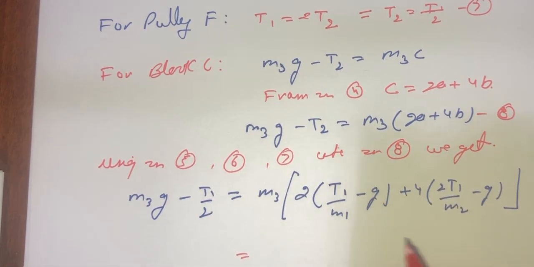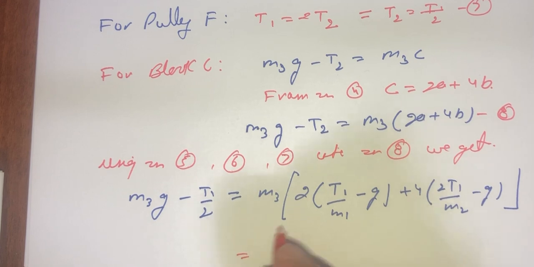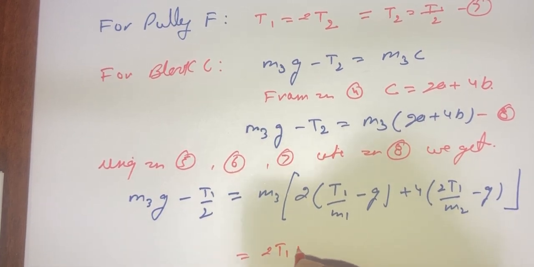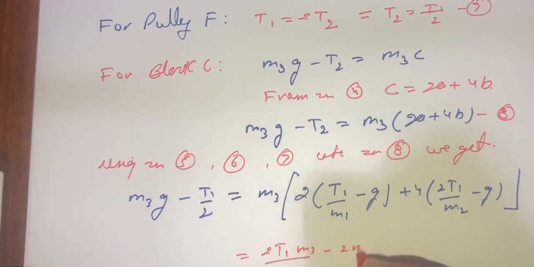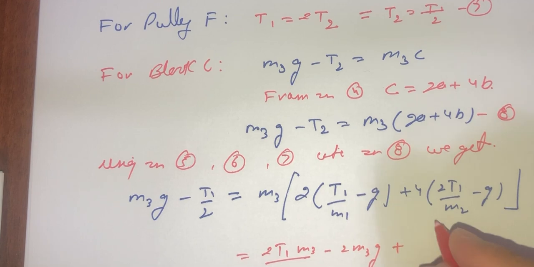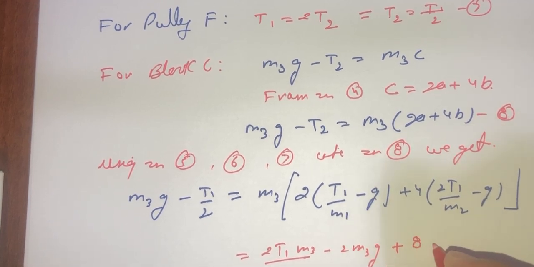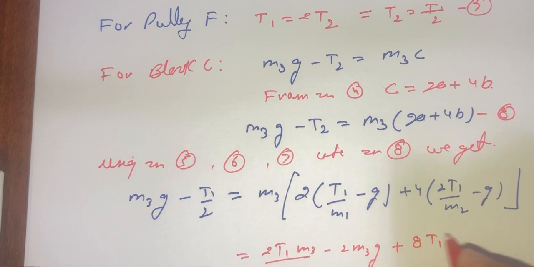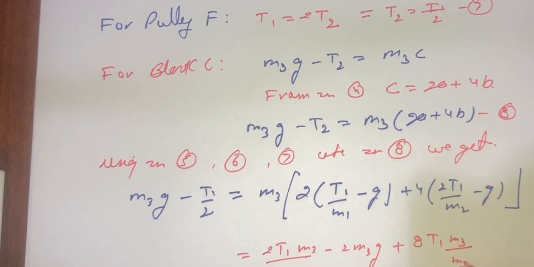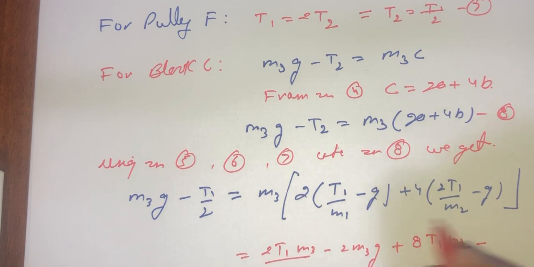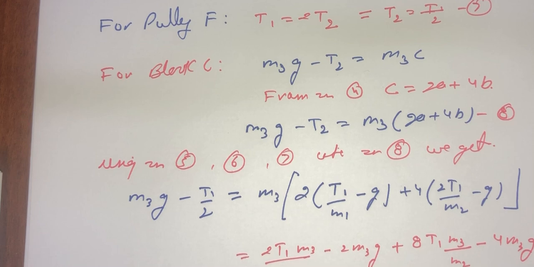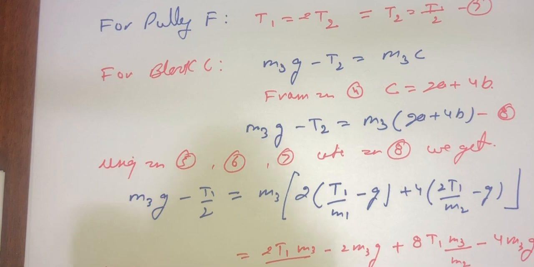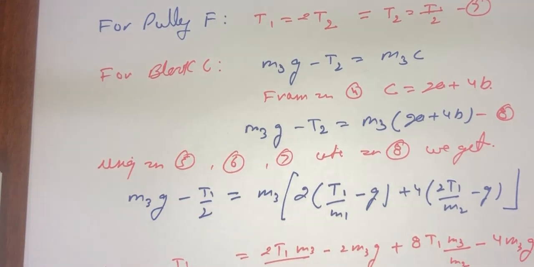We open the bracket in the right side, we get this as twice T1 m3 by m1 minus twice m3 g plus 8 T1 m3 by m2 minus 4 m3 g, and this was equal to m3 g minus T1 by 2.